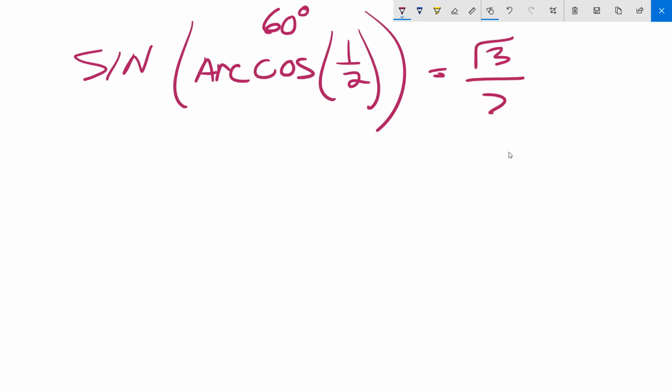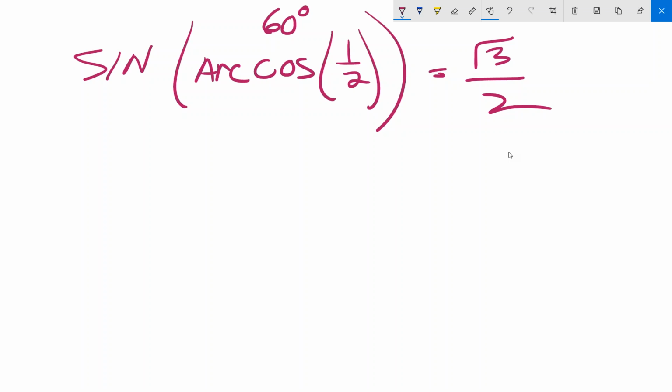Remember that. That is a very common answer. When you're talking about sine or cosine, it's either 1/2, root 3 over 2, or root 2 over 2. One of those three answers. So it's not like this is an unusual ratio. That's an extremely common ratio.